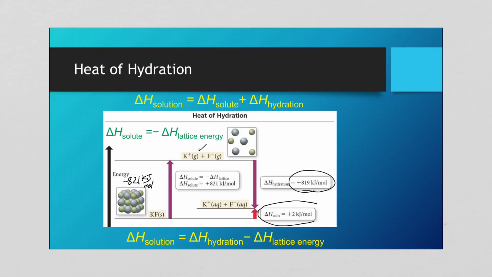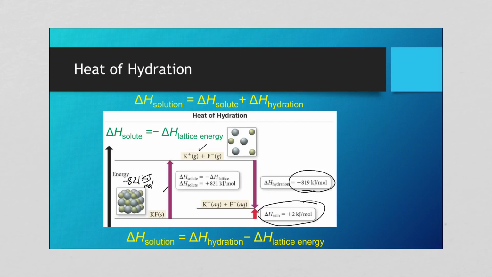Now, what does that indicate? Well, it indicates that this solution, strictly energetically speaking, is not favored, because it takes more energy, the positive term, to break the crystal apart than we recover when we dissolve it in water, the heat of hydration. But it's a small amount, 2 kilojoules per mole.